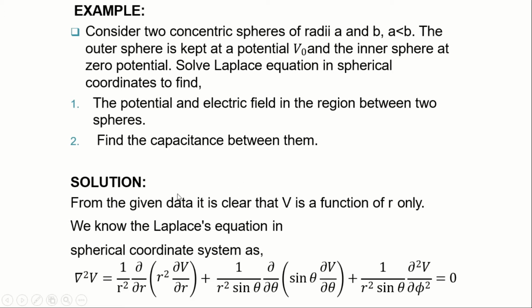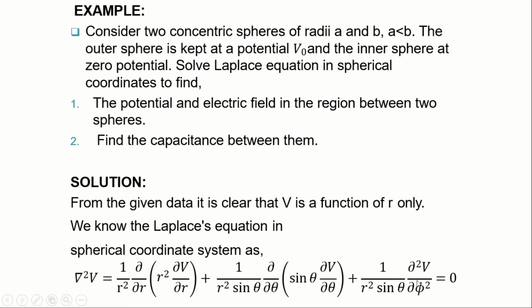Now how to do this? In the last class also we had discussed the spherical coordinate system of the Laplace equation, how the Laplace equation actually looks in the spherical coordinate system. That is given here, where nabla square V equals 1 by r square del by del r of r square del V by del r, plus 1 by r square sin theta del by del theta of sin theta del V by del theta, plus 1 by r square sin square theta del square V by del phi square.